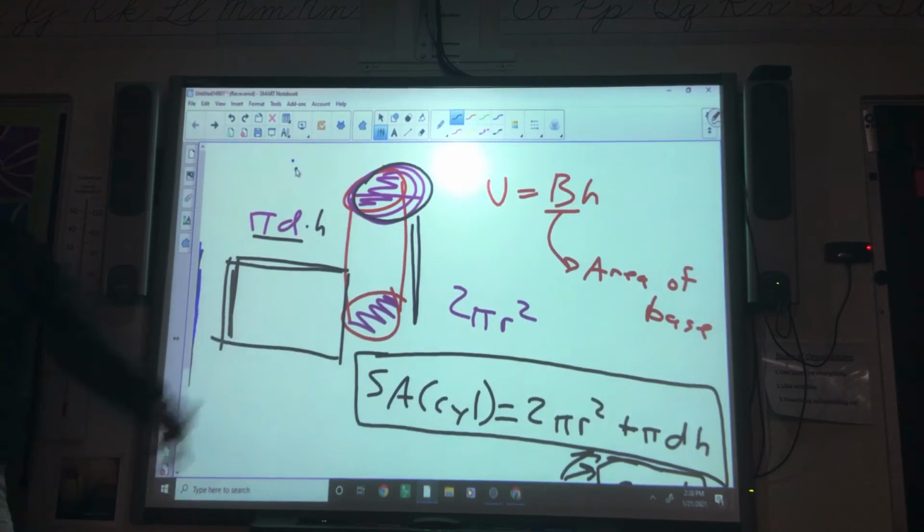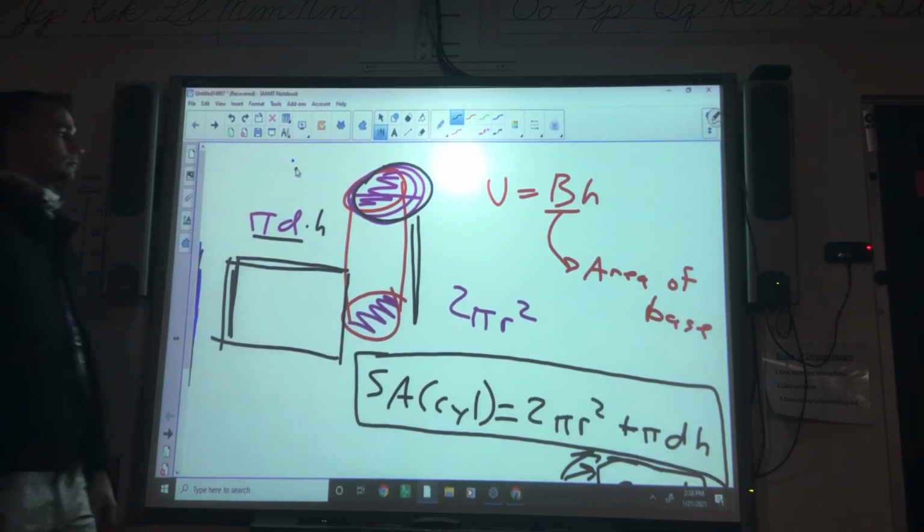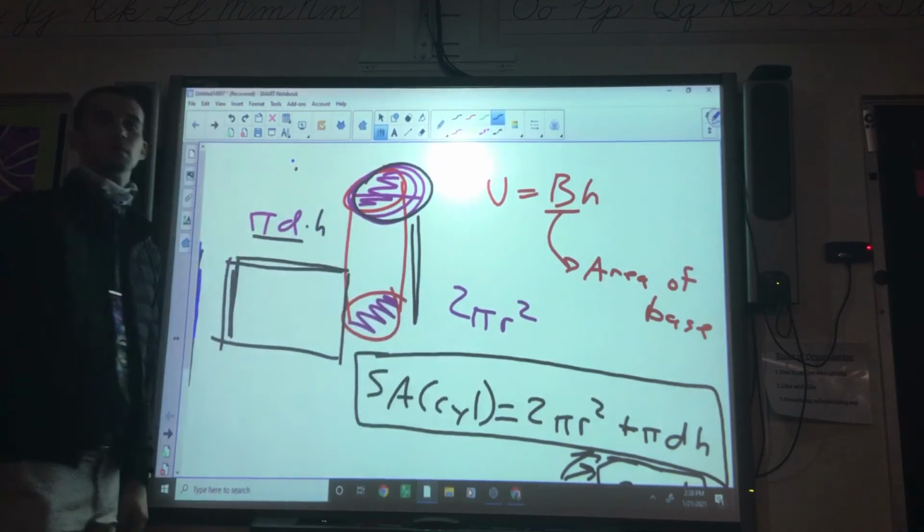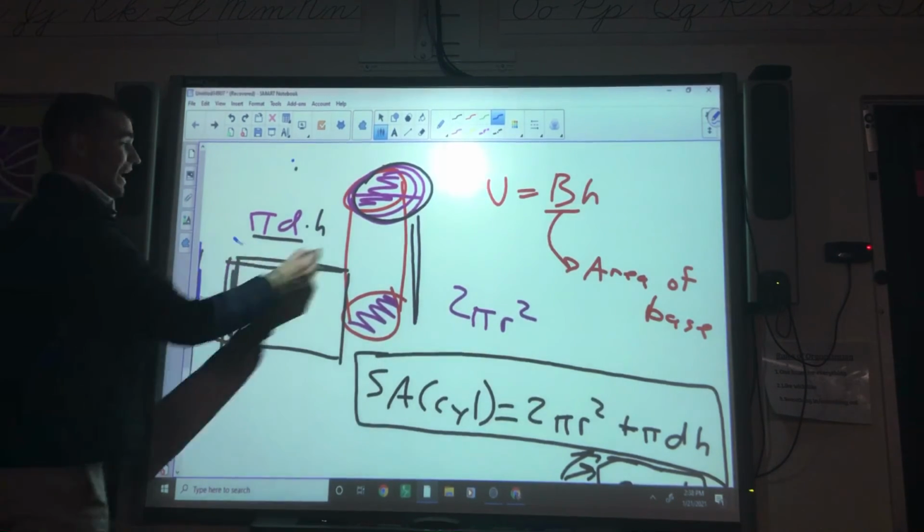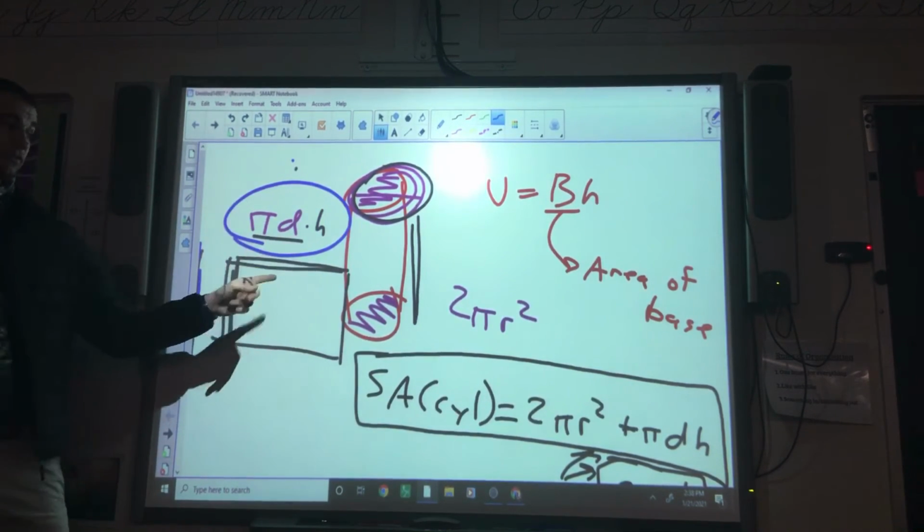Where's the curved surface up here? Yeah, pi dh. That is the curved surface.